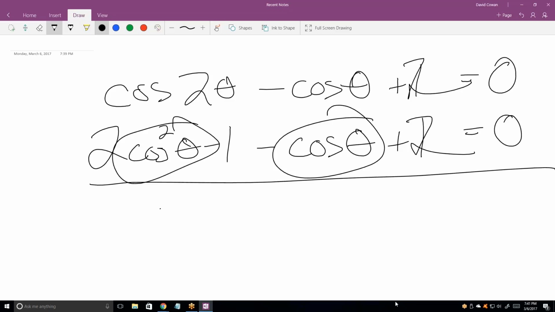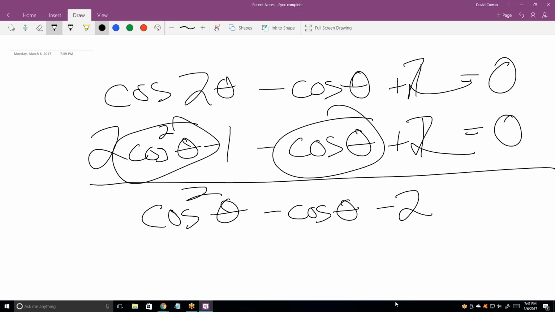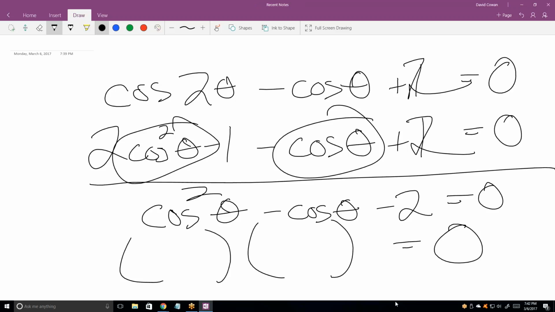In other words, just get you a little bit ahead here. Let me think for a second. Can you factor that? Notice that it is a quadratic.